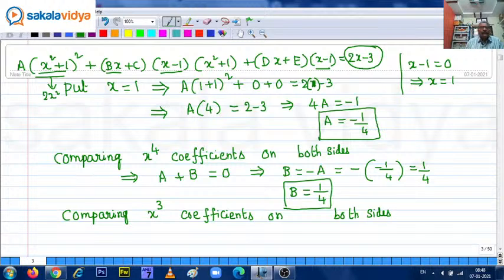Right, the coefficient of x cube means here we don't get it now. Bx into x, bx square. Otherwise we can write bx into x square, bx cube, b. You will be getting cx into x square, cx cube plus c. Here b plus c. Okay.